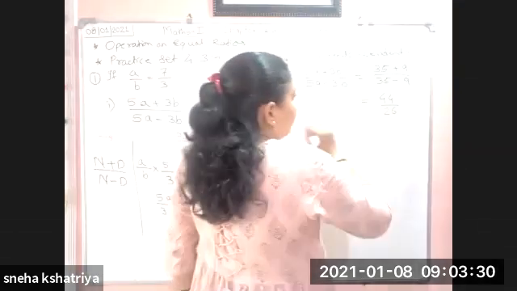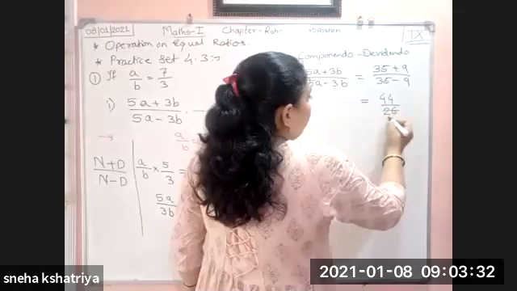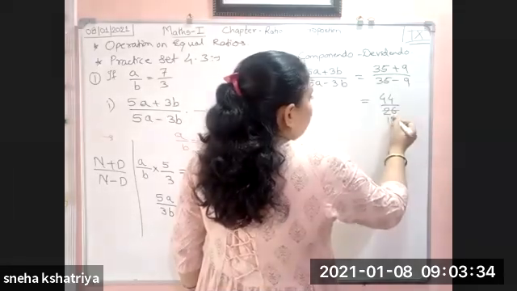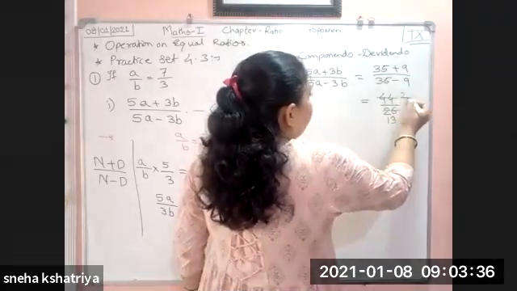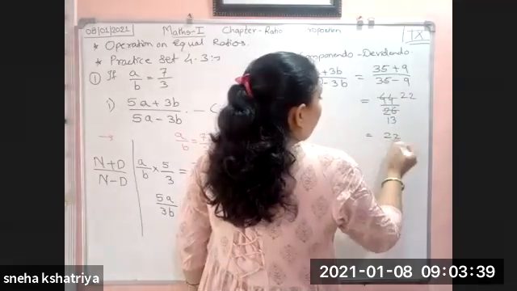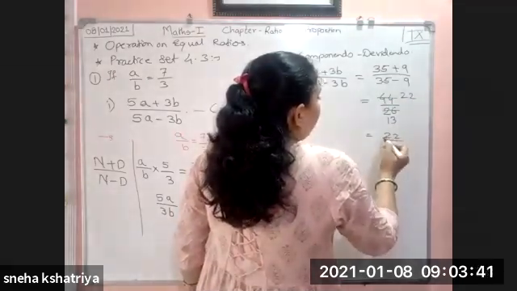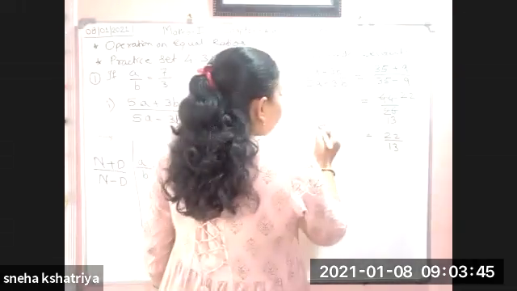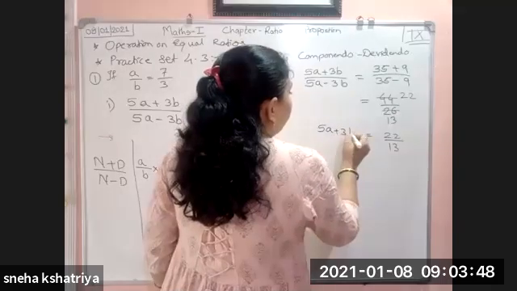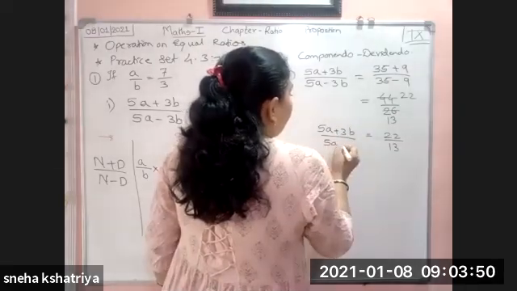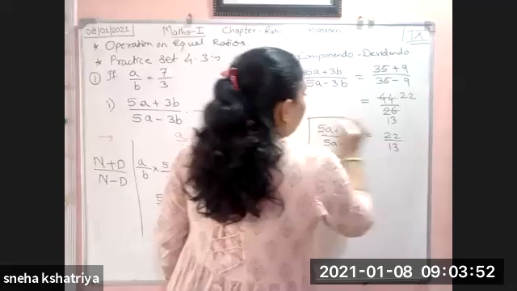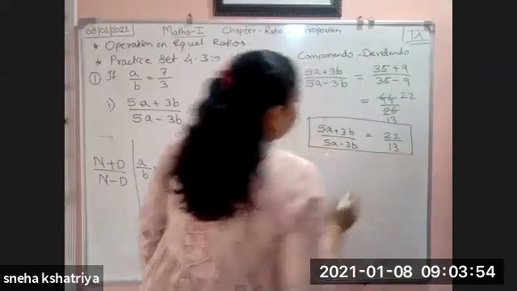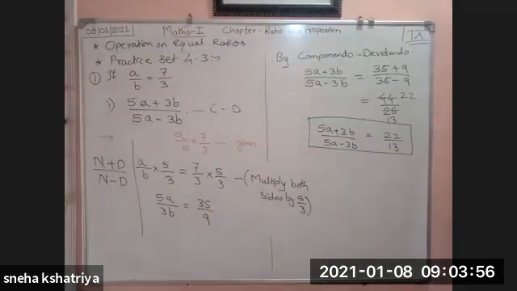Both are even numbers, we can reduce them by 2. So here we will get 22 upon 13. So the value of 5A plus 3B divided by 5A minus 3B is 22 upon 13.